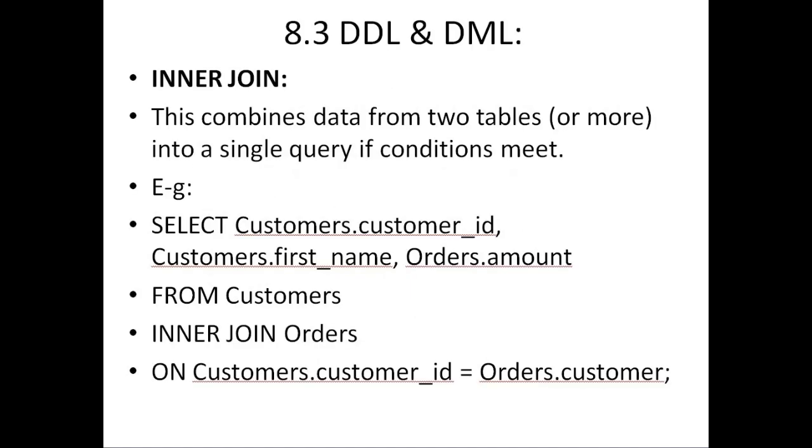Okay, so the next command we have is known as inner join, and what inner join does is that it combines data from two tables or more than two tables into a single query, or rather as a single result, and displays the results as a single large table on screen.